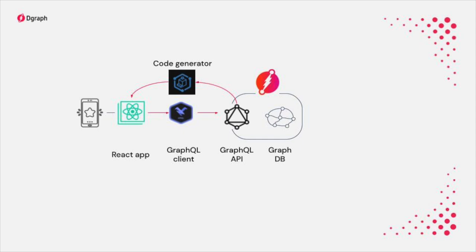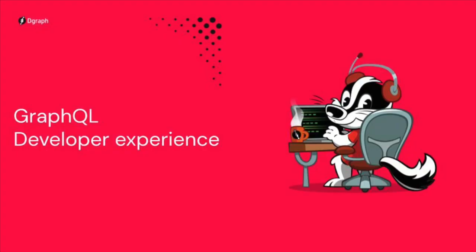Our React application can fetch data on the GraphQL endpoint. We have a code generator that can introspect our schema and generate the types for the queries that we will need. Let's jump to the fun part of creating a page.